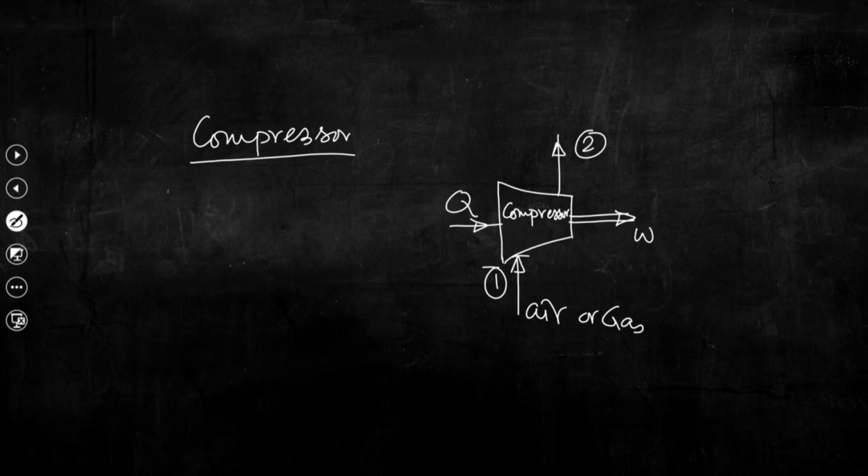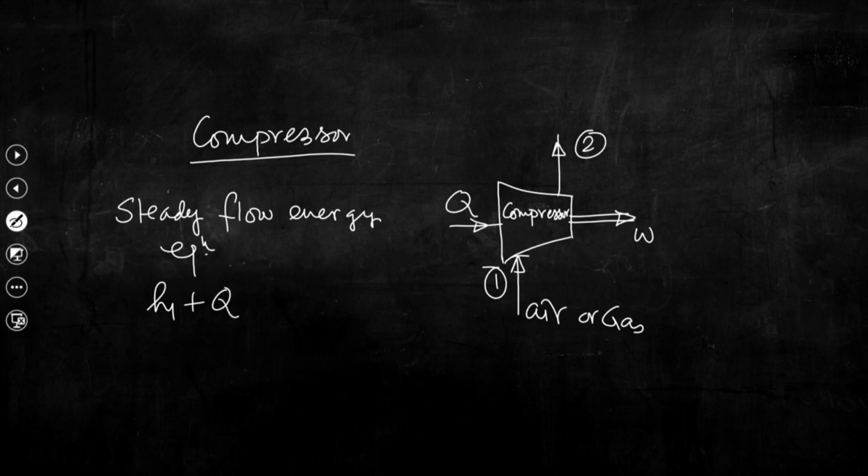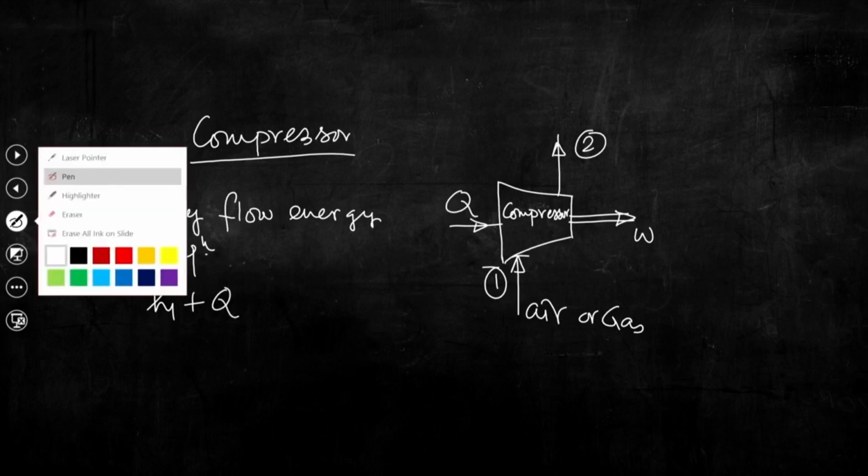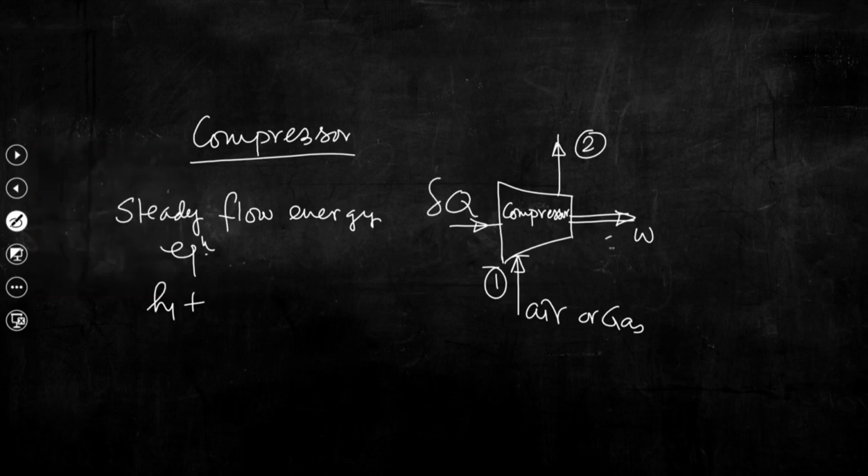So, if we apply the steady flow energy equation, we can write H1 plus Q, or I should say, I can write here del Q and del W. So, del Q, in that case let me write here that it is specific.